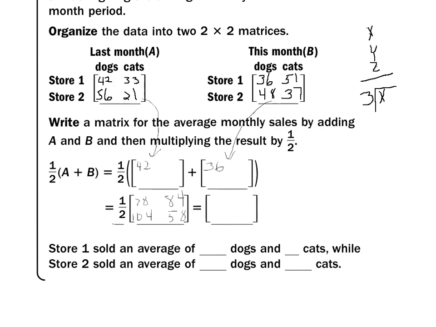Then when I multiply by half, I'll have the answer 39, 42, 52, and 29. So store 1 sold an average of 39 dogs, 42 cats, while store 2 sold an average of 52 dogs and 29 cats.